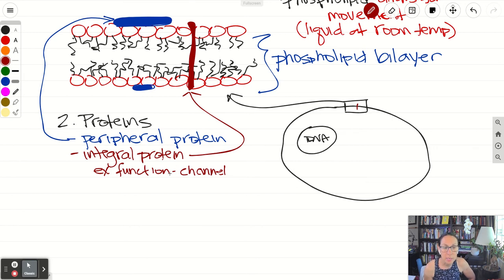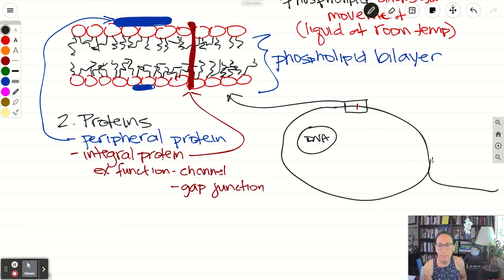Another function of an integral protein is called a gap junction. What this is, it goes all the way through the plasma membrane, but it hooks on to a neighbor cell. Let me just draw another cell here.